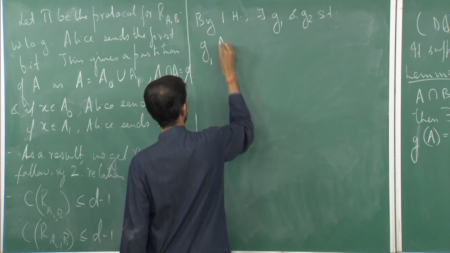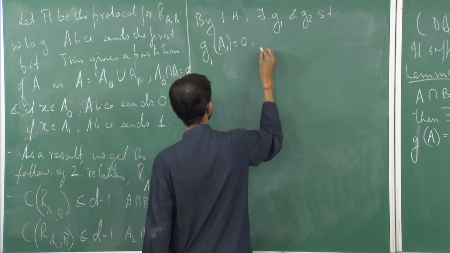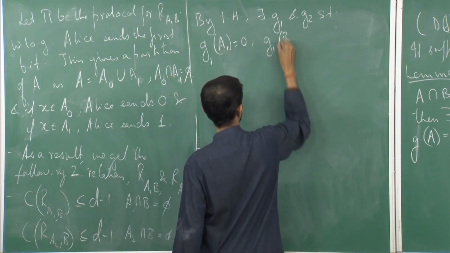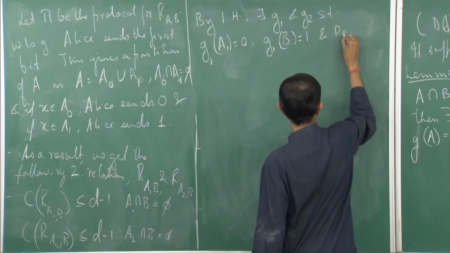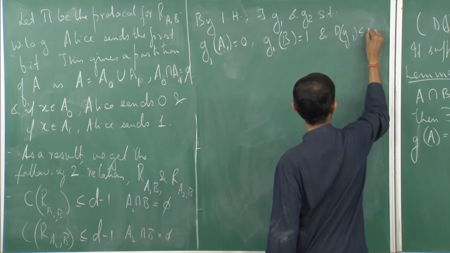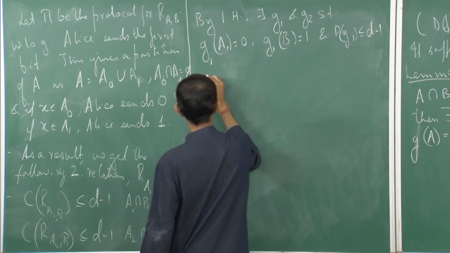G1 of A1 is equal to 0, G1 of B is equal to 1, and D of G1 is at most d minus 1.